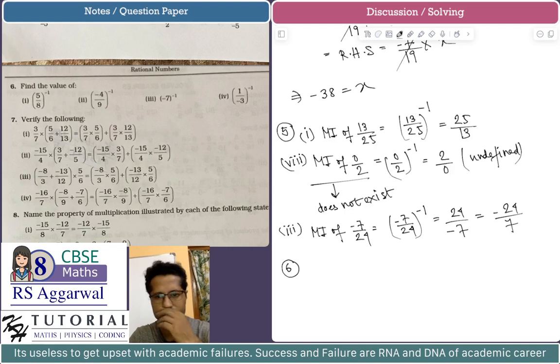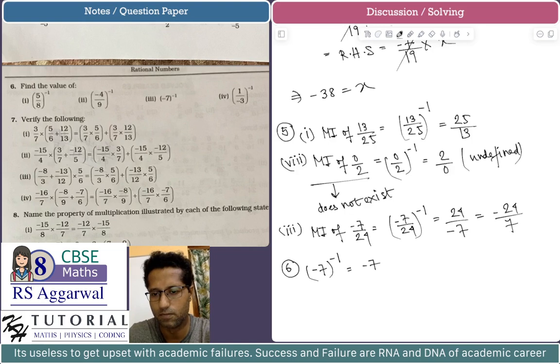These are all based on the multiplication of rational numbers. Now it is asking to find the value of minus 7 to the power minus 1. Anything to the power minus 1 means the reciprocal of the number, or multiplicative inverse. Minus 7 in the form of a rational number is minus 7 by 1.